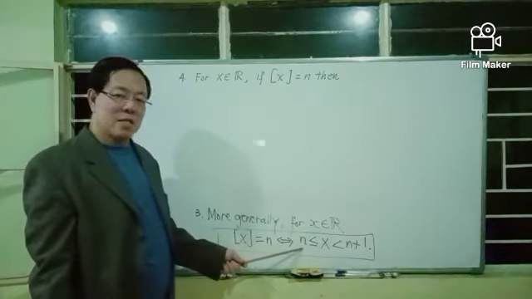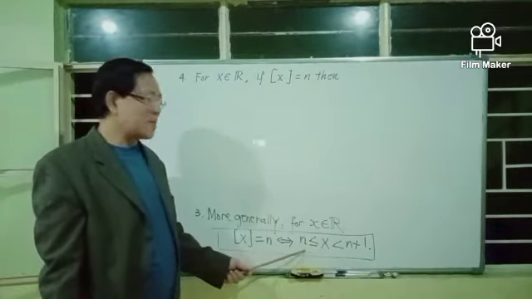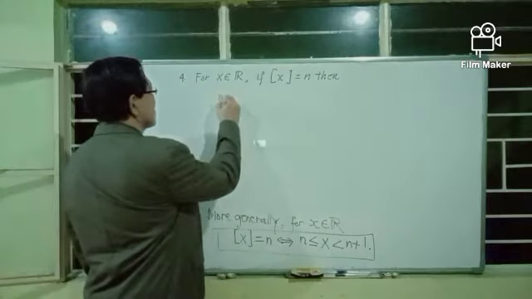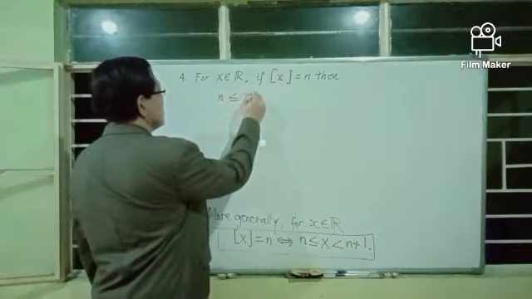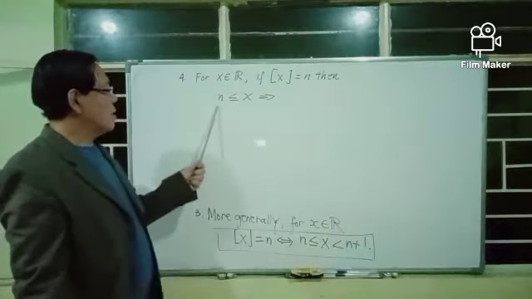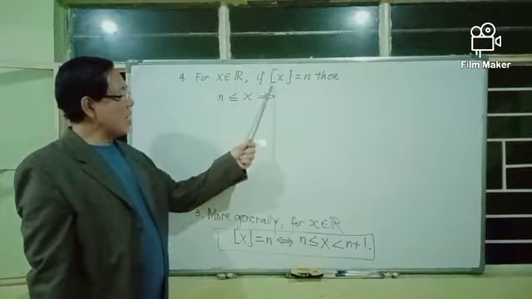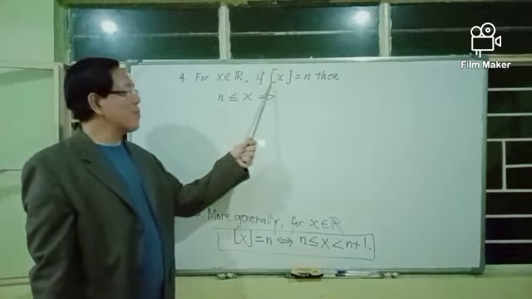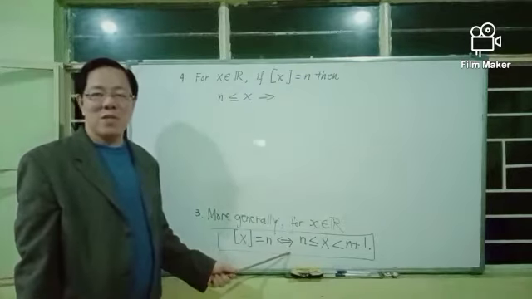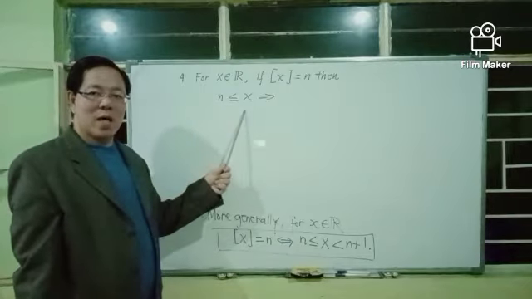This relation is satisfied: x is greater than or equal to n, or n is less than or equal to x. If x is any real number and the floor of x is equal to n, then from the second alternative definition of the greatest integer function, n is less than or equal to x.